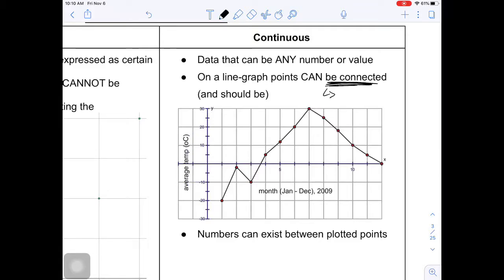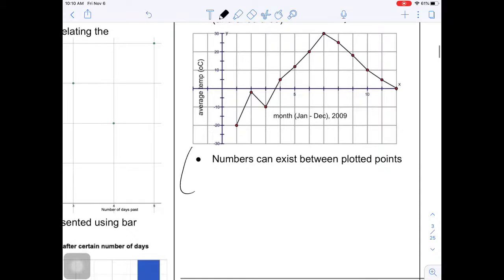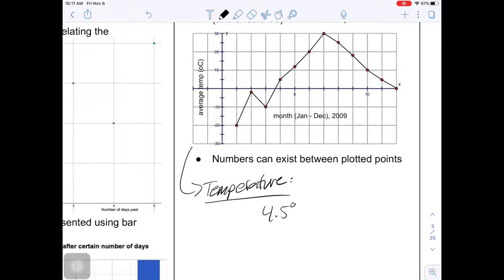So temperature, you can technically have temperature that maybe ranges like 4.5 degrees Celsius or 7.1 degrees Celsius. You could technically have a 7.001 degrees Celsius. So in that fact, and if you think about it, we don't just go from minus 20 to this is roughly negative or minus 2.